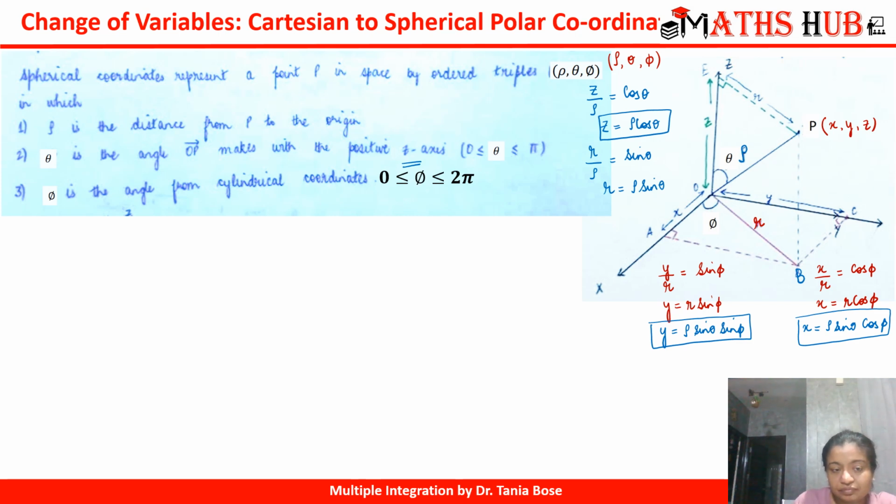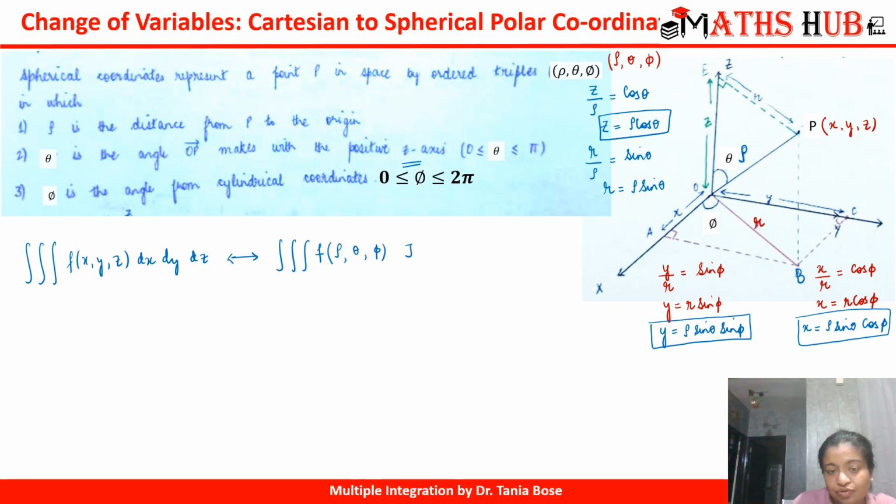Now, when we are converting a Cartesian system, suppose we have this system in f of x, y, and z, and we have dx, dy, dz, any order we can have. When we convert this in terms of spherical polar coordinate system, what do we get? Instead of x, y, z, now the new coordinates will be rho, theta, and phi.